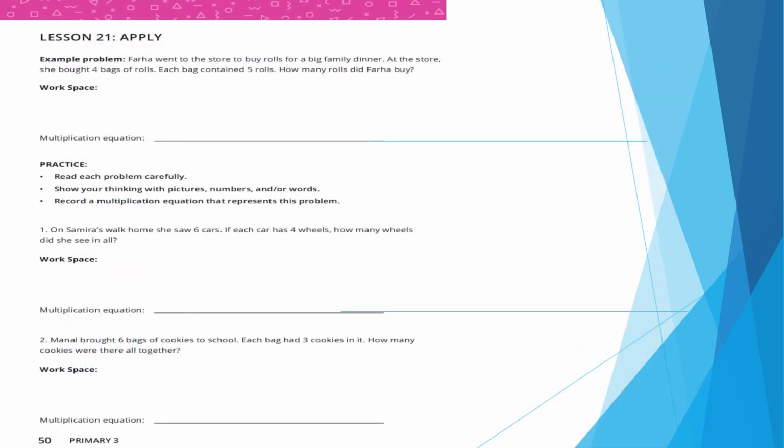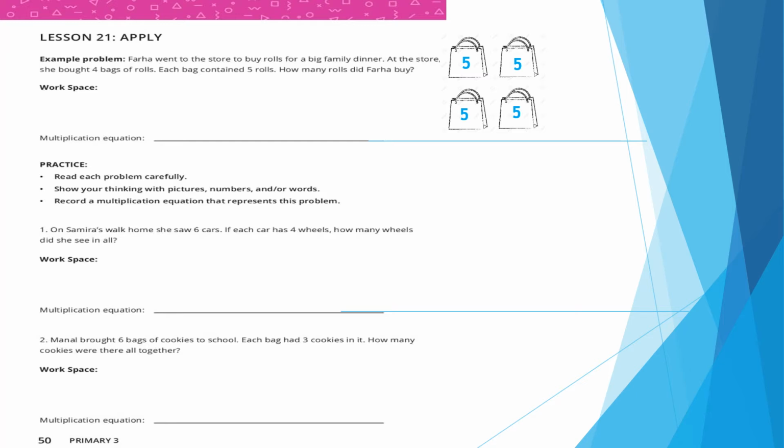Now let's move to lesson 21. Let's apply. Here we have an example problem. Farha went to the store to buy rolls for a big family dinner. She bought 4 bags of rolls. Each bag contained 5 rolls. How many rolls did Farha buy?